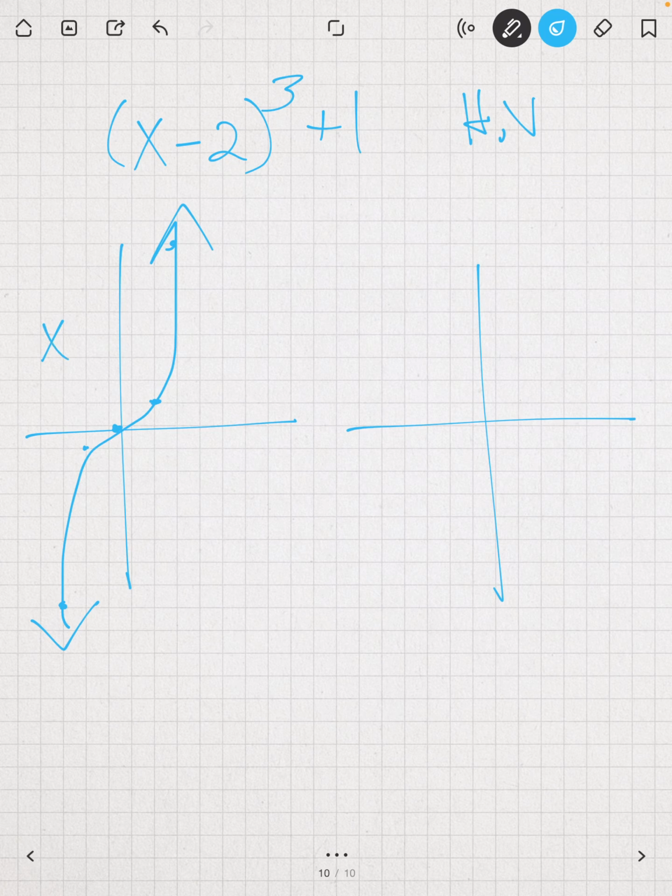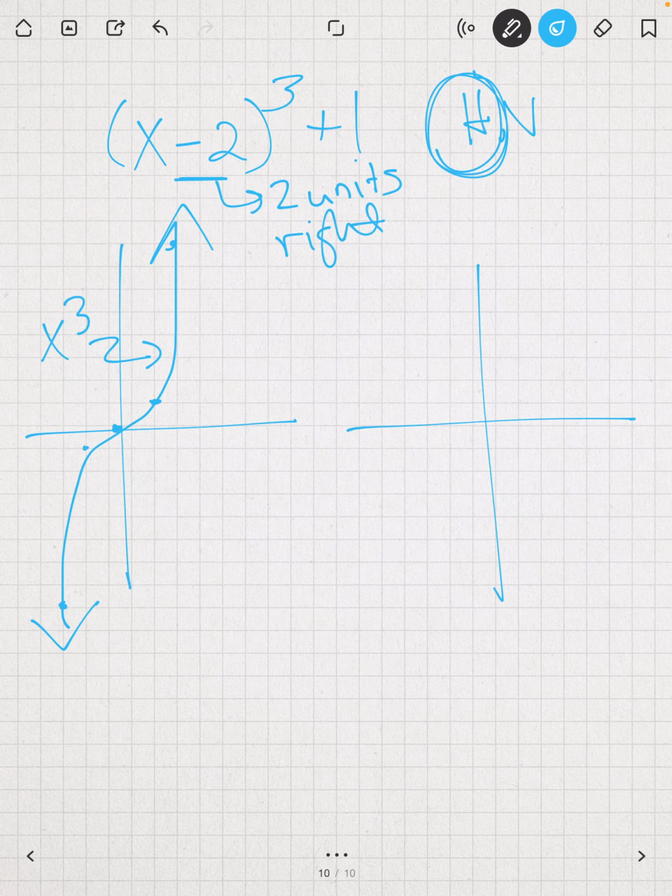This is our x cubed graph. And so what we need to do is we have a horizontal shift of 2 units right, because when x is 2, this piece is 0. So first, we have our H shift.